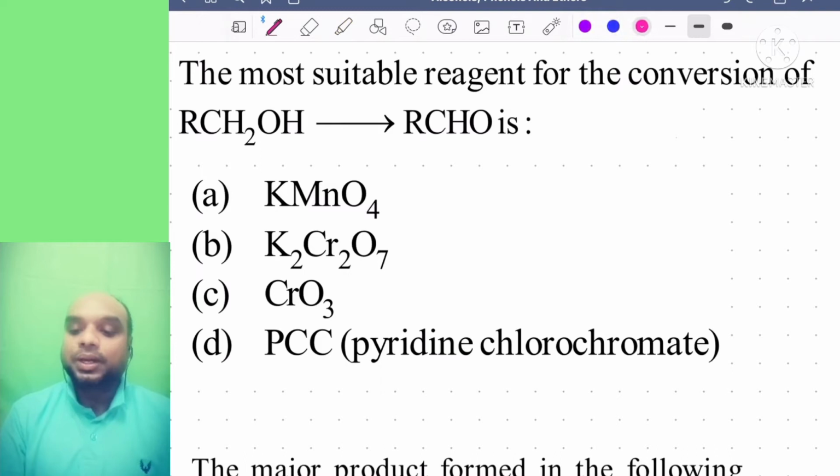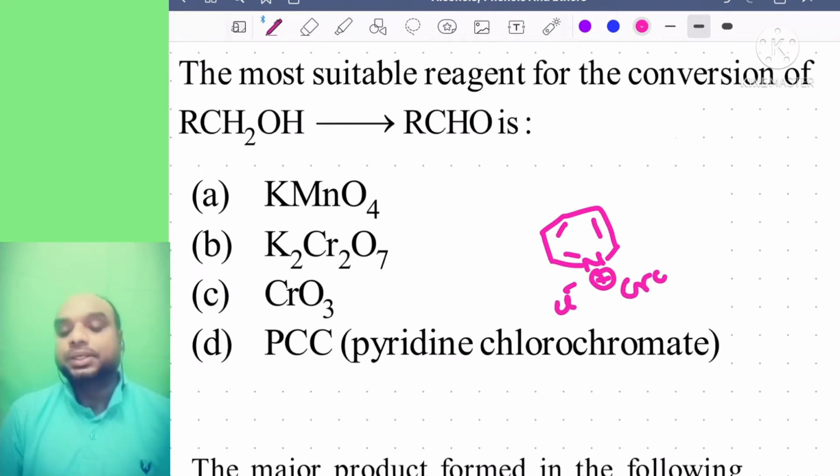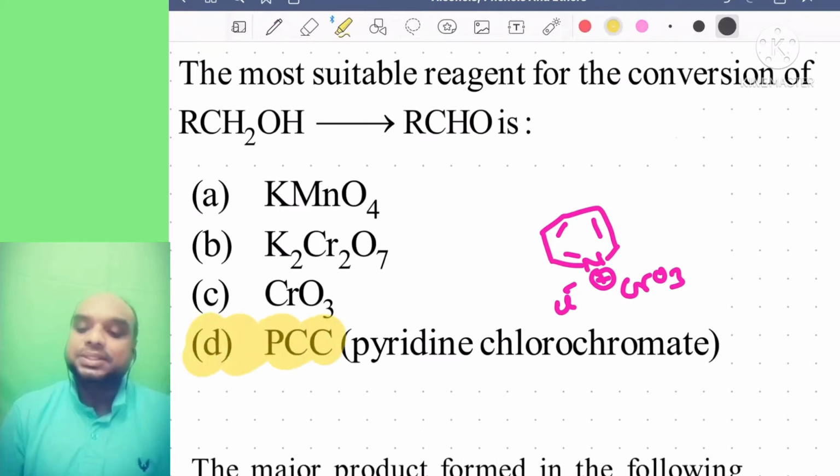This is the best mild oxidizing agent, and it can convert alcohol to aldehyde. So the answer you can take is PCC, pyridinium chlorochromate.